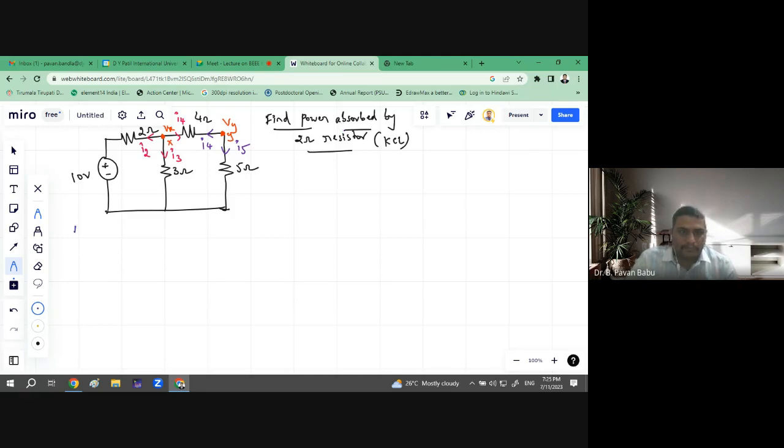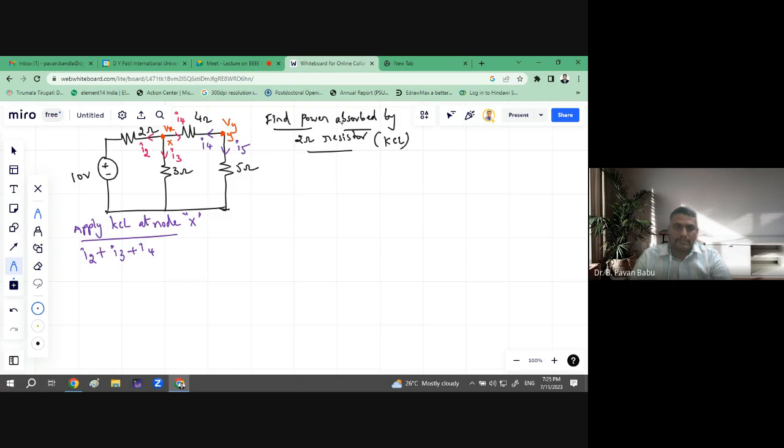Apply KCL at node X. What are the incoming currents? There are no incoming currents. All are outgoing currents. The outgoing currents are I2, where I2 is the current flowing through the 2 ohm resistor, plus I3, the current flowing through the 3 ohm resistor, plus I4.